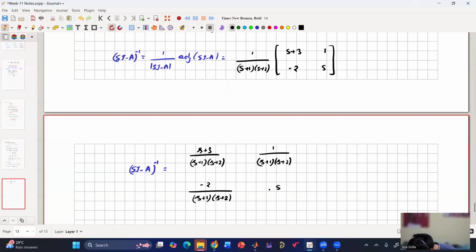Then the last one is s by (s plus 1) into (s plus 2). Okay. So this is the matrix that I have obtained.